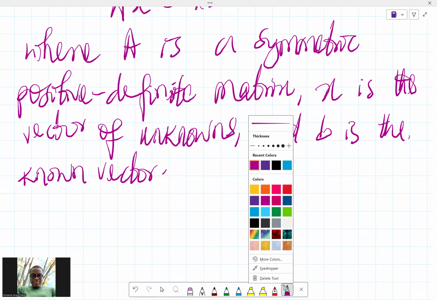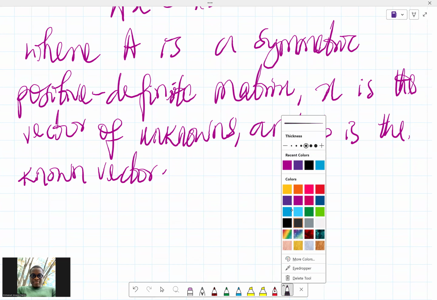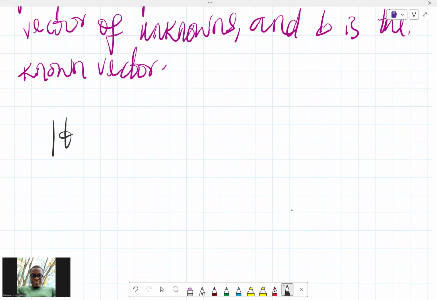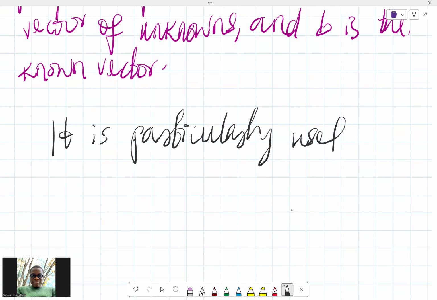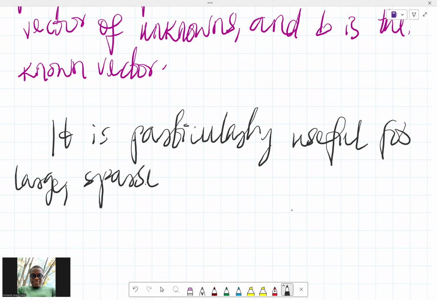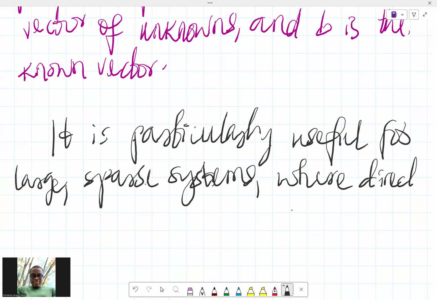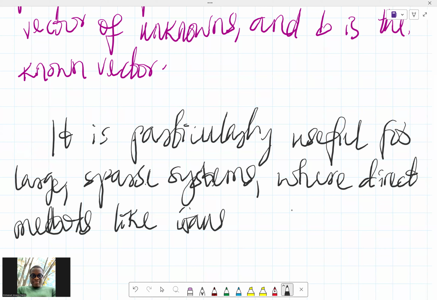CGM is particularly useful for large sparse systems where direct methods like Gaussian elimination would be computationally expensive.